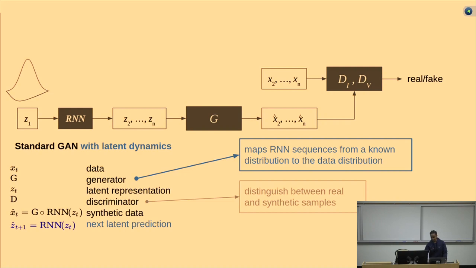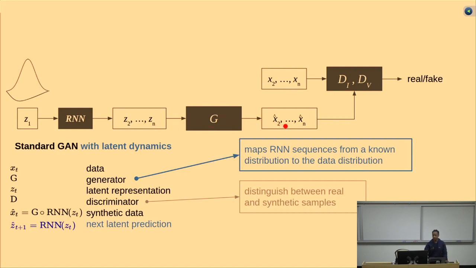So many GANs for video generation have this additional component, where they take a sample from some noise distribution, usually a Gaussian, and map it to a sequence of samples, which are all individually decoded by the generator to image samples.